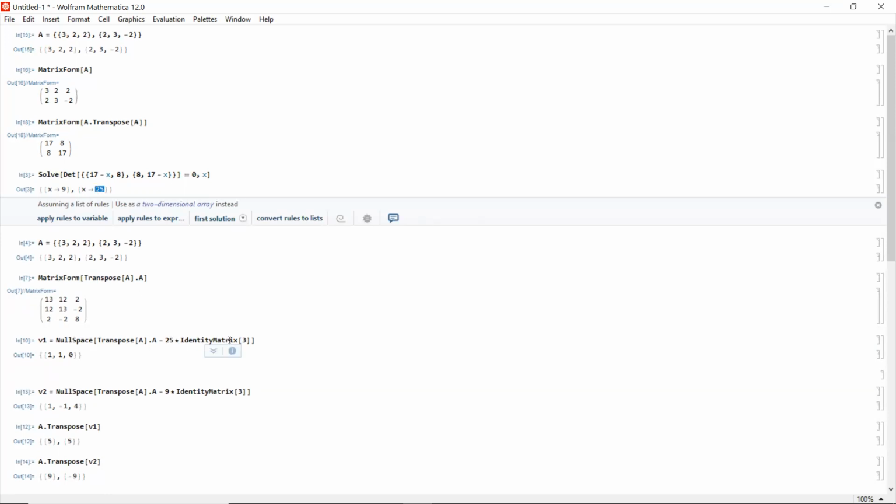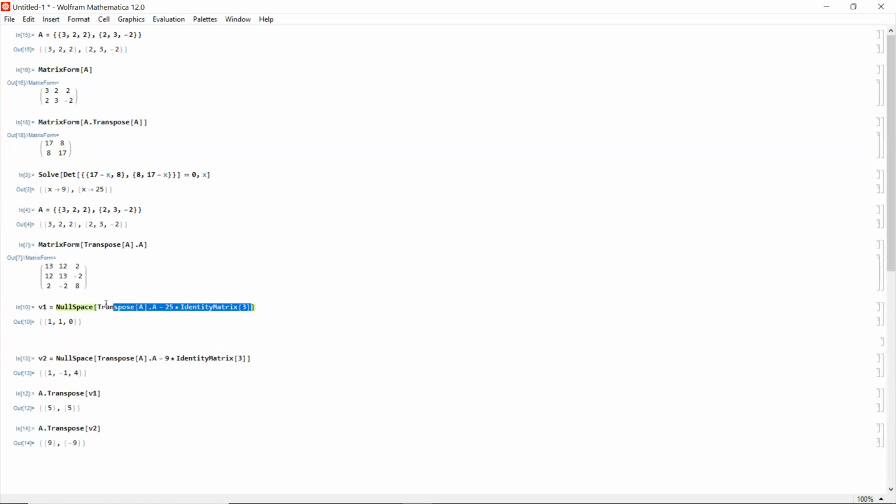So that's why I subtract 25 times the identity matrix and calculate the kernel, the null space, with the command NullSpace. And I get a vector from the kernel, which is 1, 1, 0. Of course, in our algorithm, we have to normalize this vector. So we divide it by its norm. In this case, the norm is 1 squared plus 1 squared under square root, so it's square root of 2. We have to divide by square root of 2.